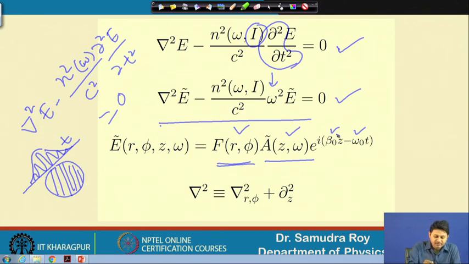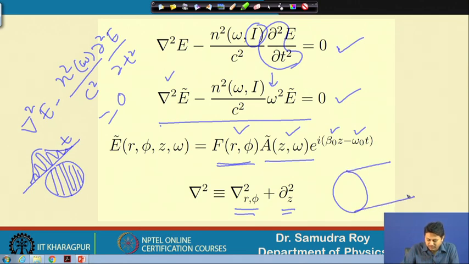So, now this grad square operator can be divided into two parts. One is the transverse part and another is the longitudinal. If this is a waveguide or a fiber, if I consider this is a fiber, this is the core of the fiber, and if the electric field is launched here, it will move along this direction z.